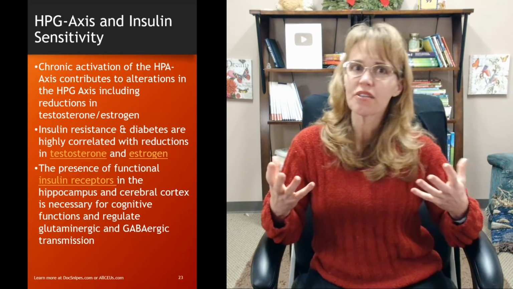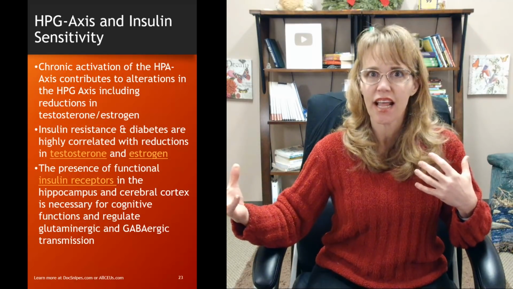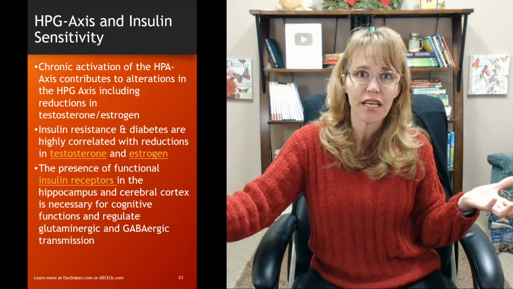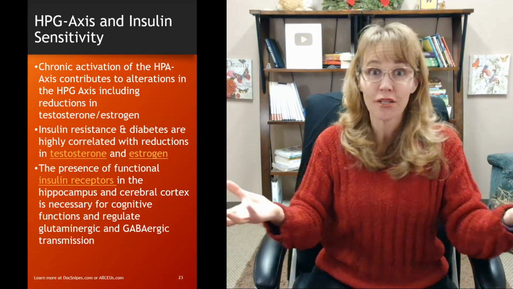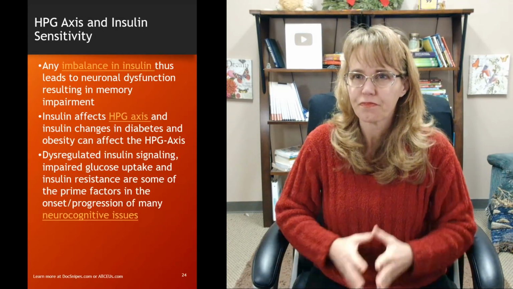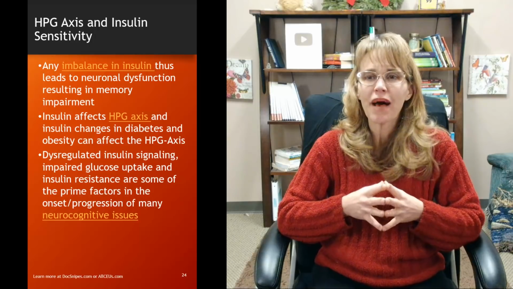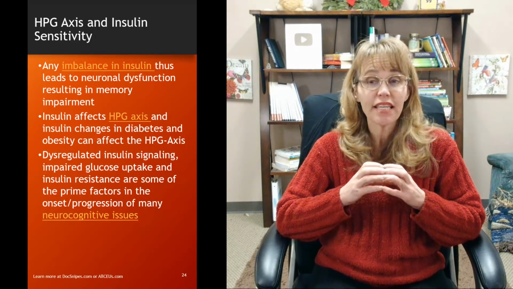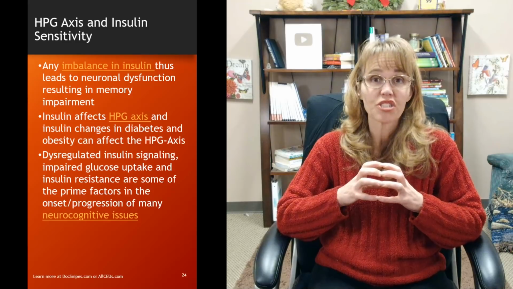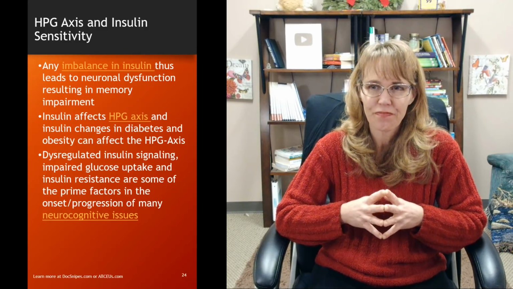So if the insulin receptors have become resistant, then glutamate and GABA have difficulty doing their job. Any imbalance in insulin, thus, may lead to neuronal dysfunction resulting in memory impairment.